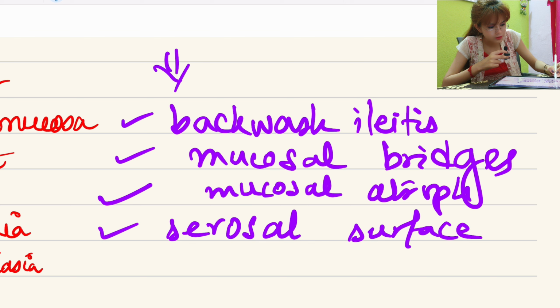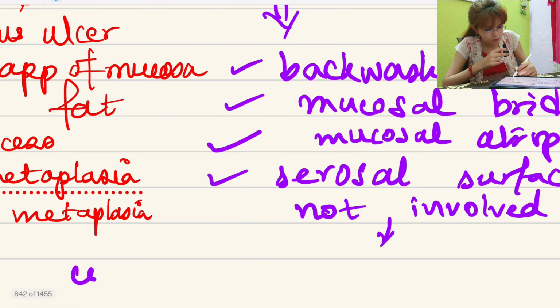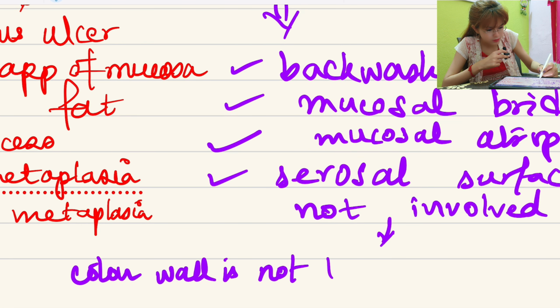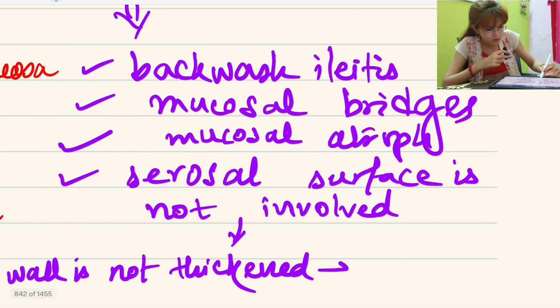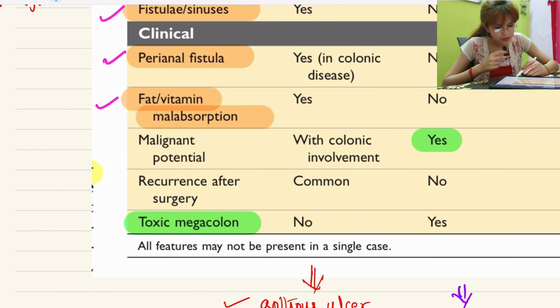Serosal surface is not involved. Colon wall is not thickened, and yes, toxic megacolon is present over here and not in Crohn's disease. And a very important point, malignant potential is there in ulcerative colitis and not in Crohn's disease.